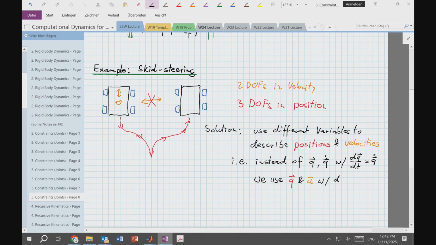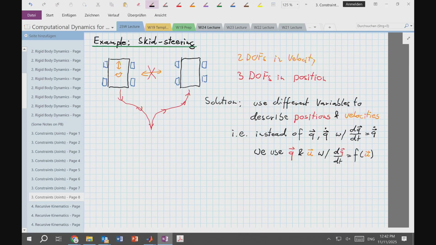And we now set the time derivative of q not equal to u, but we say this is some function of u. So dq dt is not equal to u, but is a function of u.